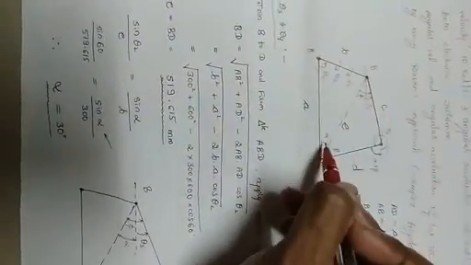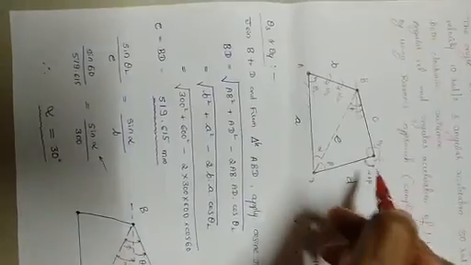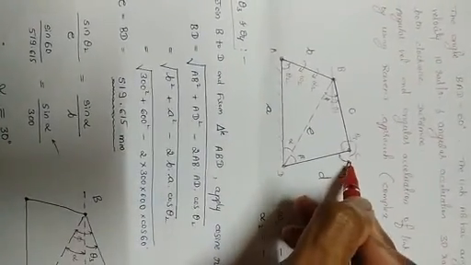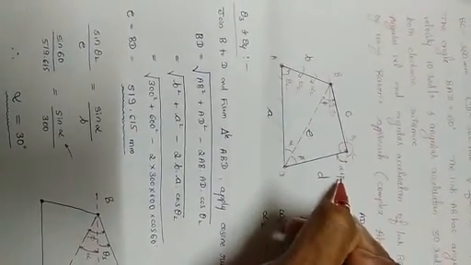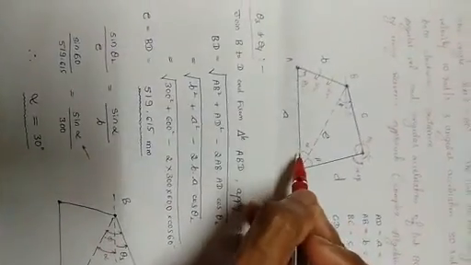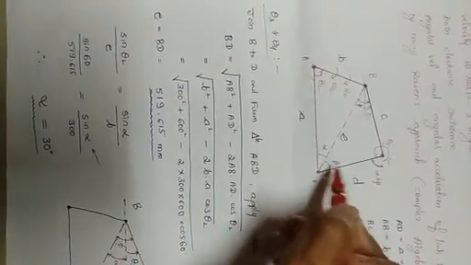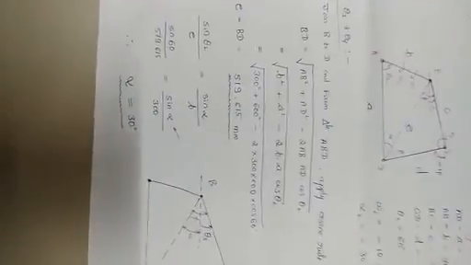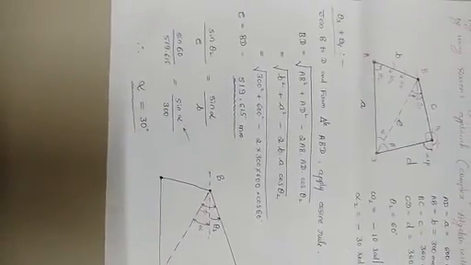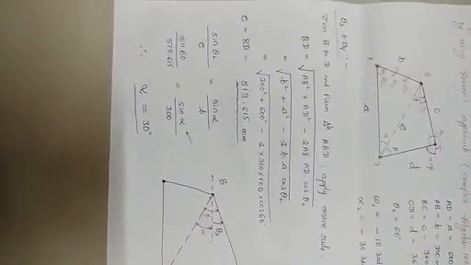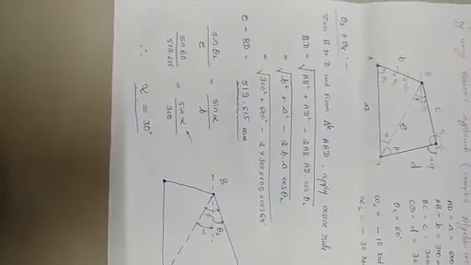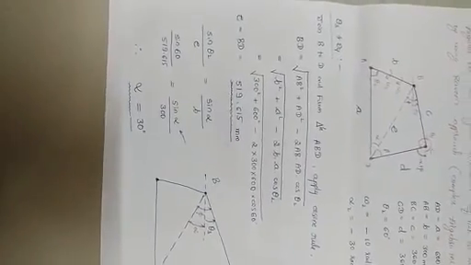So this angle becomes alpha plus beta. Now, by applying the cosine rule, you can find out the theta 3 and theta 4 values.